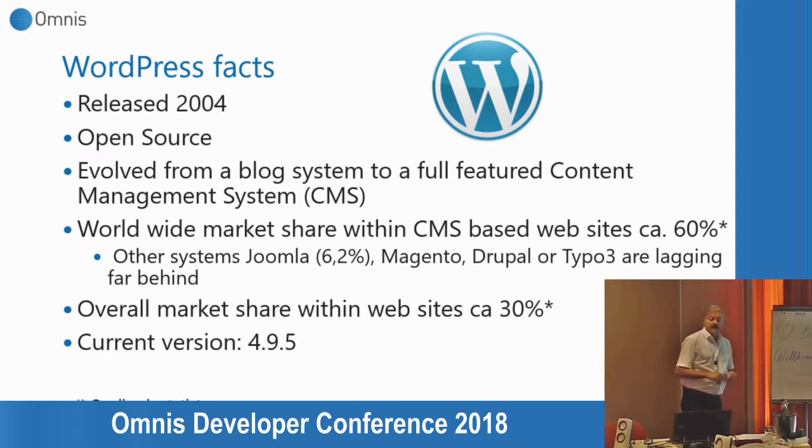So it was initially released in 2004, and it's completely open source. So that means that the source code is posted, I think, also on GitHub, and it's maintained by a company called Automattic, which is more or less guiding and accomplishing the development of WordPress.